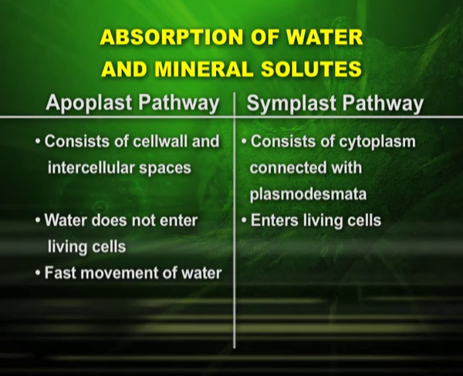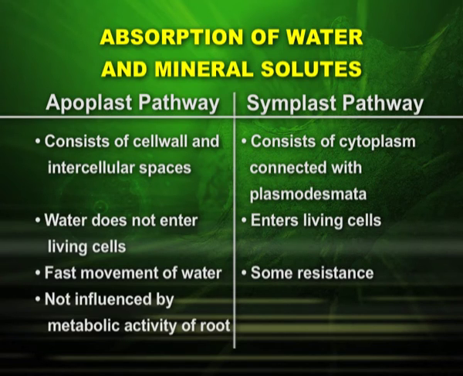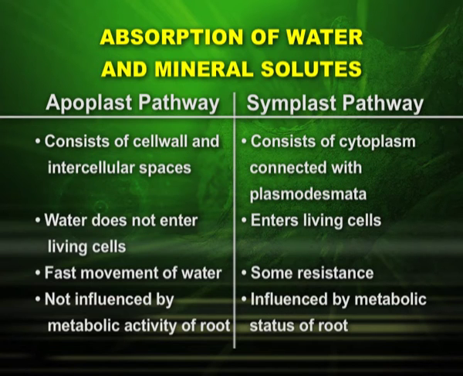In apoplast, there is fast movement of water molecules. On the other hand, in symplast, there is some resistance. Apoplast pathway is not influenced by metabolic activity of root. On the other hand, symplast pathway is influenced by the metabolic status of root. Now, the two pathways can be explained with the help of the following diagram.